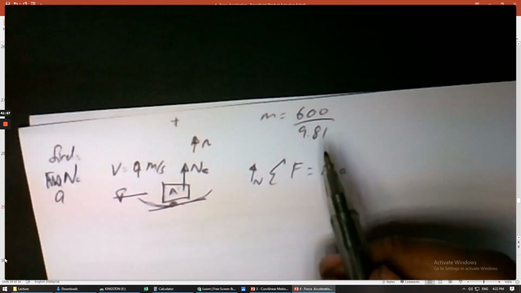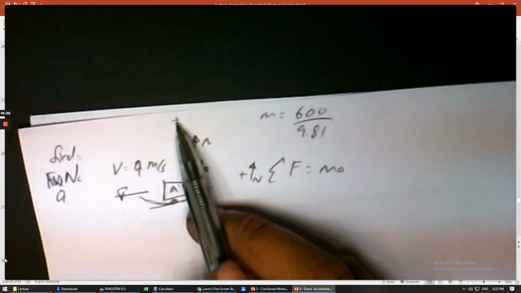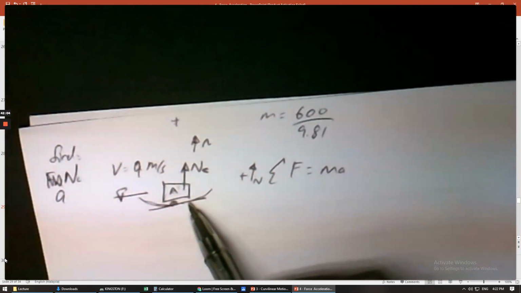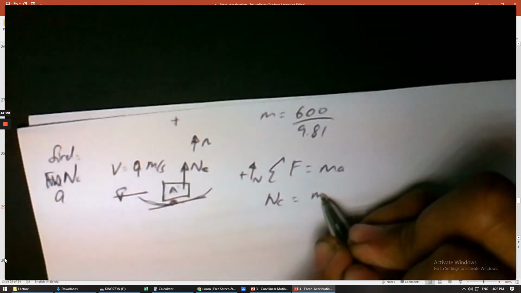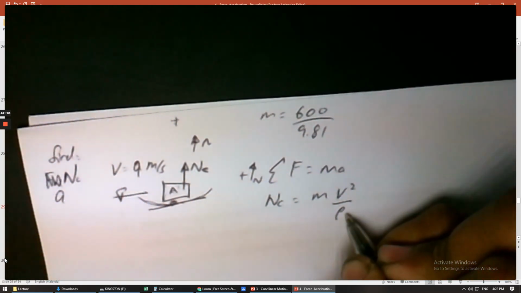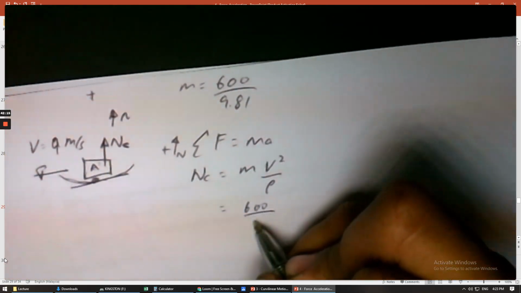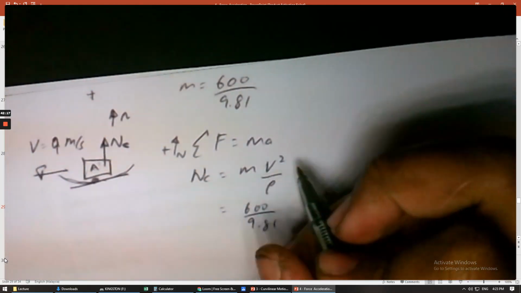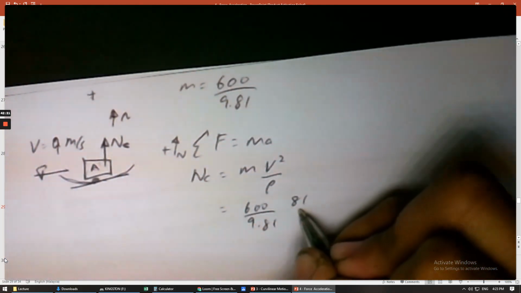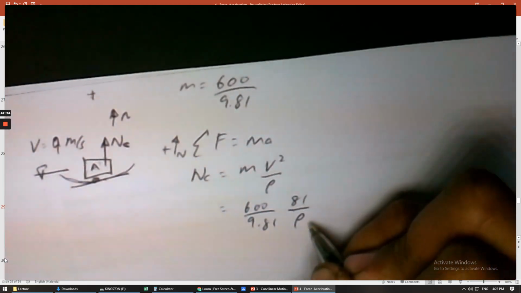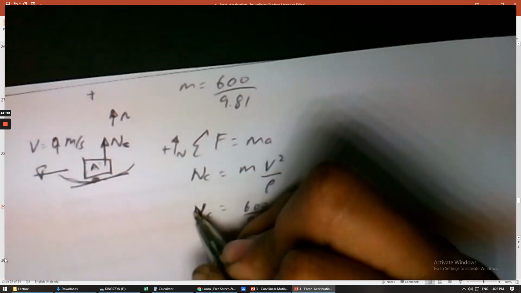Because up is the positive direction of the normal. Always remember that. So NC equals mv squared divided by rho. M is 600 divided by 9.81, v squared is 81 divided by rho. And c equals nc.